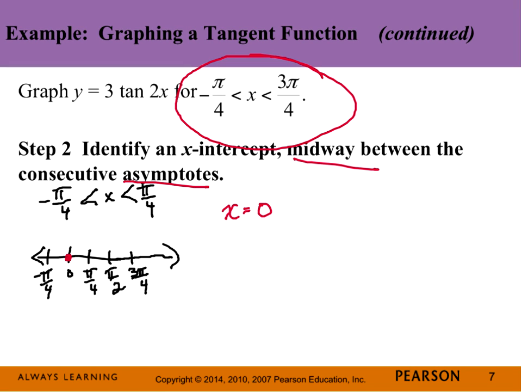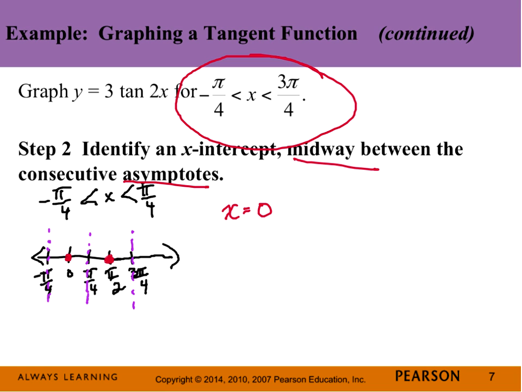And if I have asymptotes here and here, then that means I have one here too, because they're spaced pi over 2 apart. Yes. So I have an x-intercept also living right here.